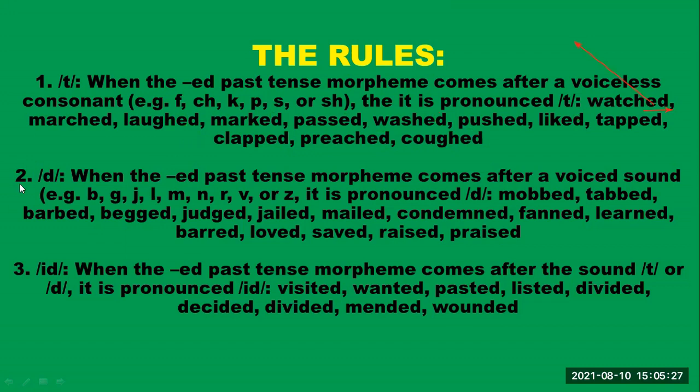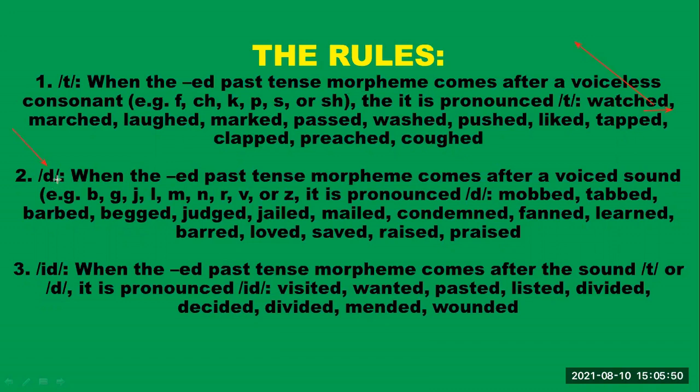Then the second rule is this, all right? So here we are looking at a situation where the ED past tense morpheme or word ending is pronounced D. Now, there's one thing I want to mention here.